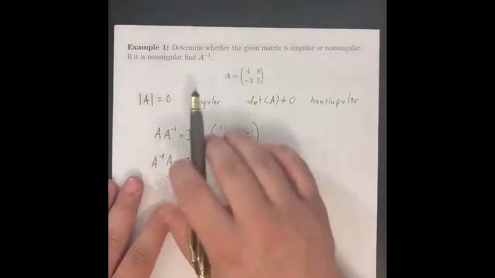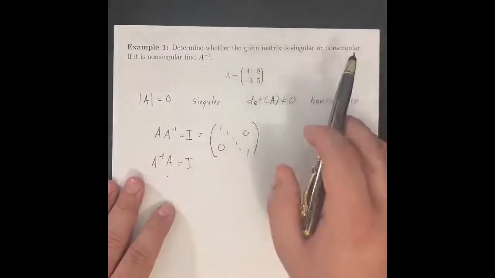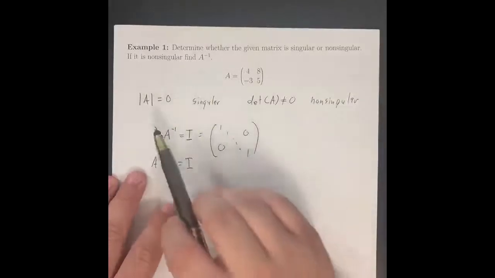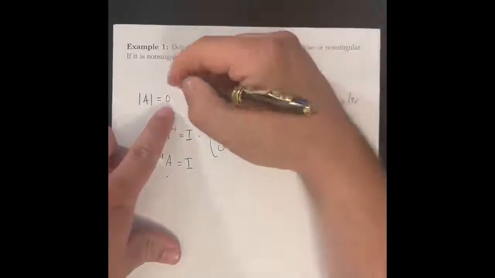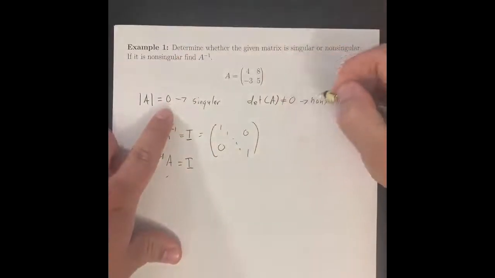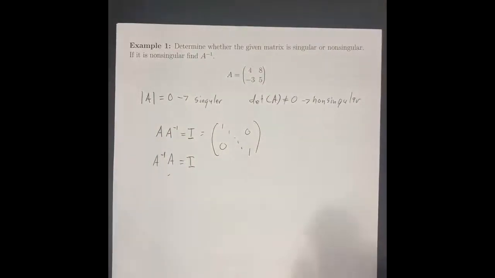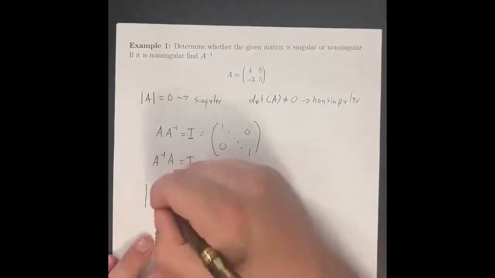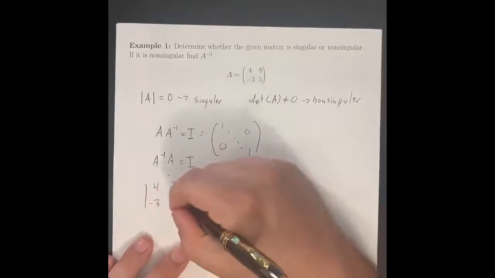Okay, so first off, this problem is asking us to determine whether the matrix is singular or non-singular. That basically means we need to take the determinant and see whether the determinant equals 0 or does not equal 0. So how do we do the determinant? We want to find the determinant of 4, 8, negative 3, 5.